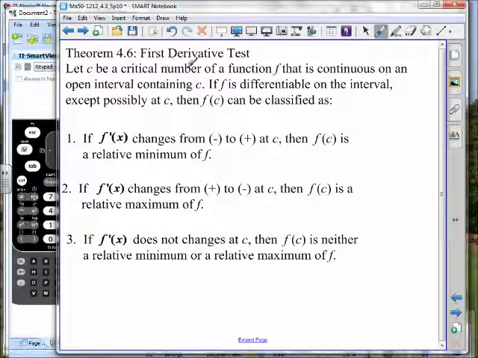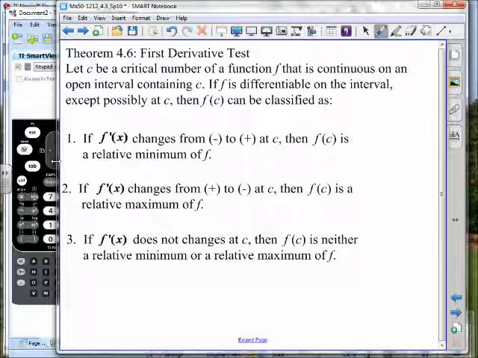Input value, critical number of a function f that is continuous on an open interval, differentiable on the interval, except possibly at the value C. Remember, our critical numbers are those where the first derivative is 0 or undefined. That's why it says it's differentiable on the interval except possibly at C. We don't know for sure.